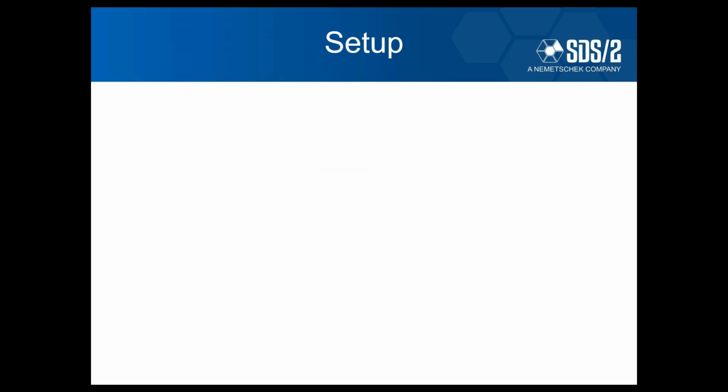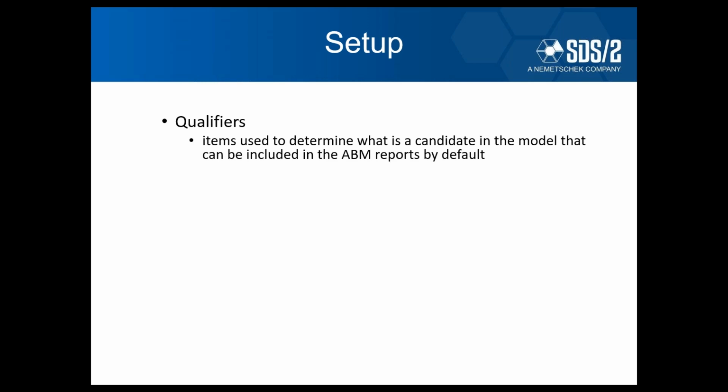So we're going to start out with setup. I mentioned qualifiers. So what is a qualifier? A qualifier is an item that is used to determine what is a candidate, or what's going to be possible to be selected when I'm actually creating that ABM. These qualifiers are used to mark that it is able to be on the ABM by default.